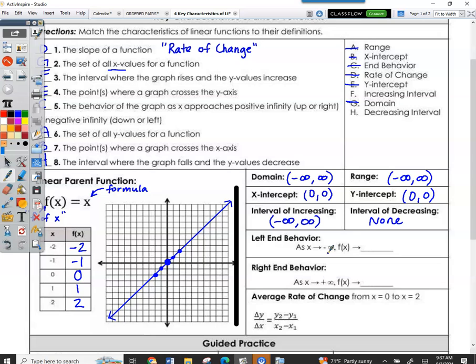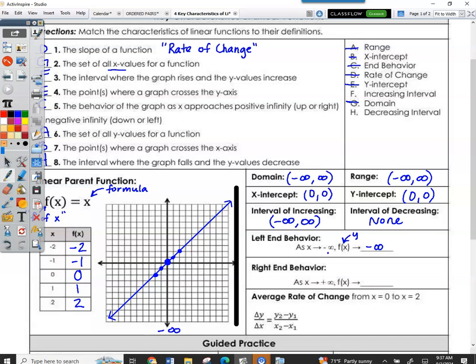As you scan the x-axis and go left, meaning as you look to the left of the graph, what's the graph doing? It's going down. So what is that when you go down? Negative infinity. So you're saying that the y's are going to negative infinity because the graph is going down.